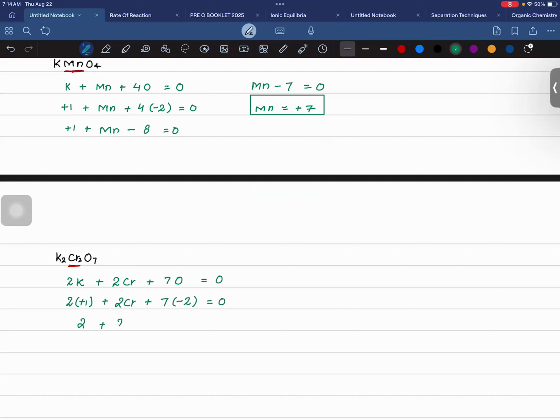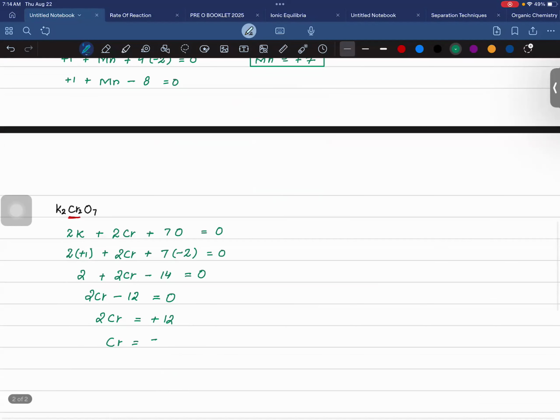Then 2 ones are 2, then 2Cr minus 7 into 2, which is 14, equals 0. Then 2Cr plus 2 minus 14, which is -12, equals 0. Then 2Cr is +12. Then I have to find out the Cr, so I need to divide by two. So I would get +6. This is the charge of chromium in this compound.